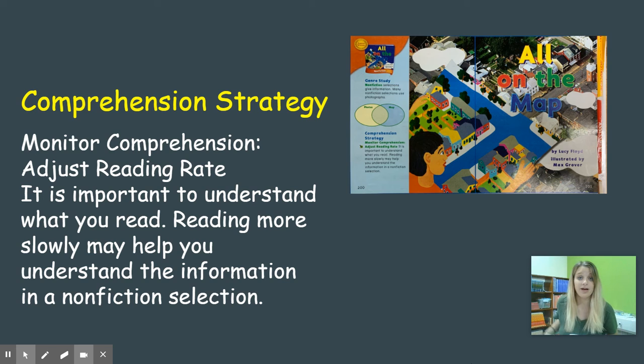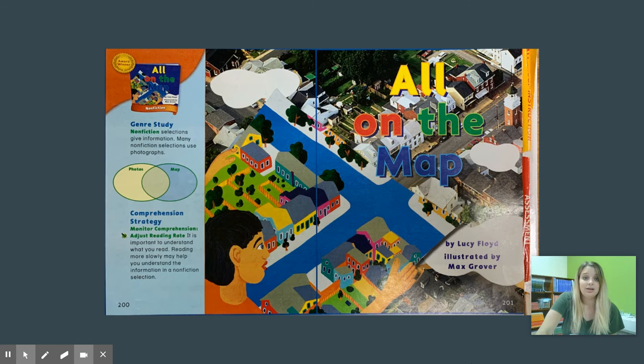All right, so your comprehension strategy today is monitor comprehension and adjust reading rate. So it is important to understand what you read. So reading more slowly may help you understand the information in a nonfiction selection. All right, let's start reading on page 200, but let's build some background, okay?